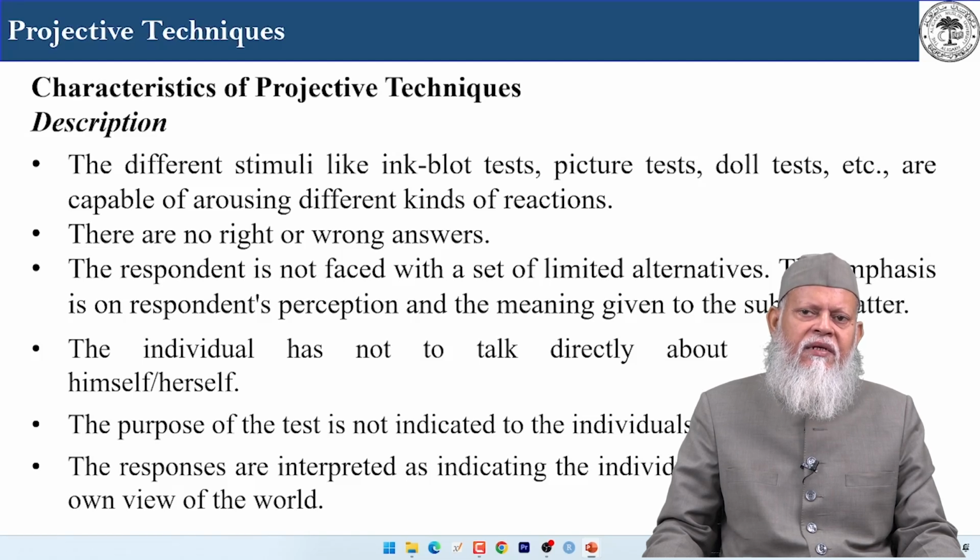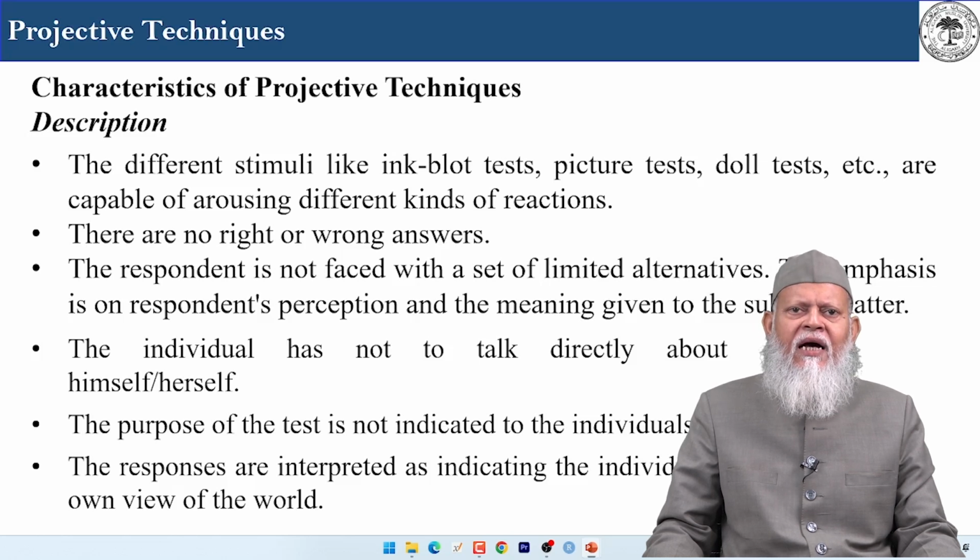Of course, some questionnaires are open-ended also, where one can write his comments, but in almost all questionnaires, they give alternative answers to tick off. So here, the researcher does not face limited alternatives. The emphasis is on the respondent's perception and the meaning given to the subject matter.